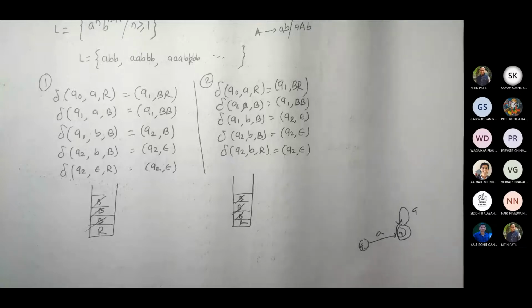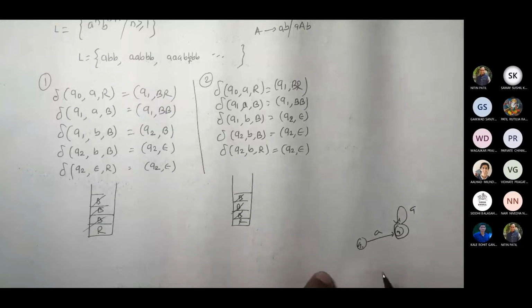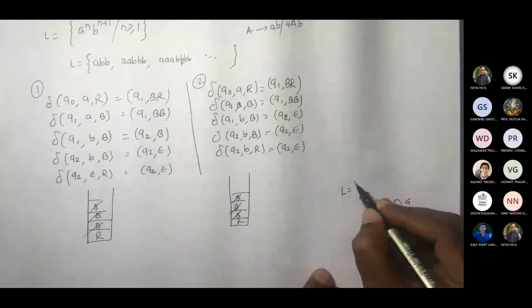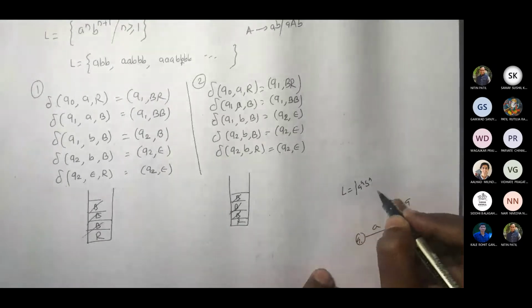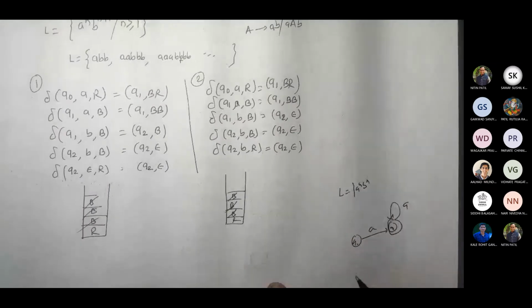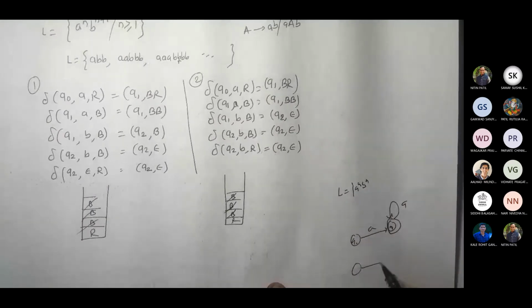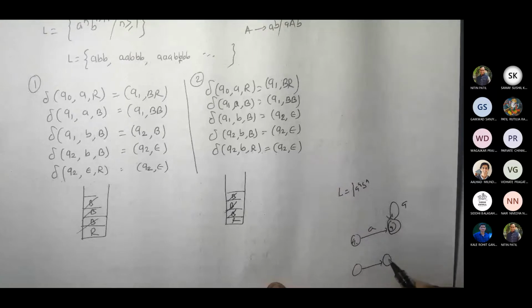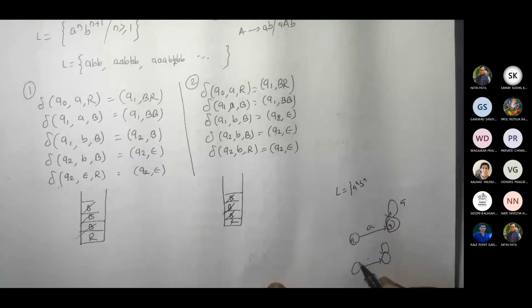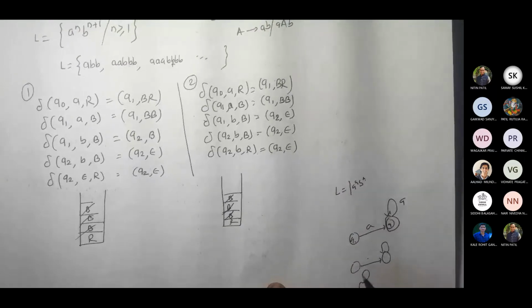But if you want to verify the count, it would be difficult. Now, will you be able to give me a finite automata for this language, A raised to n, B raised to n? You may say, let me try this one. Suppose this is A raised to n.